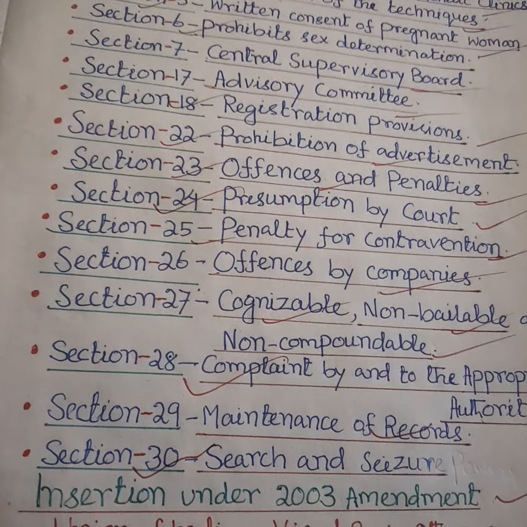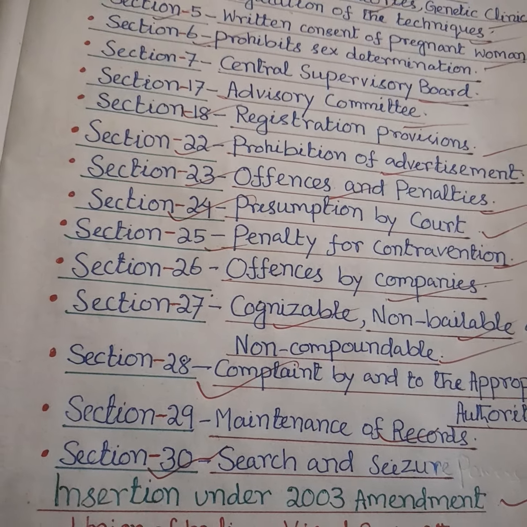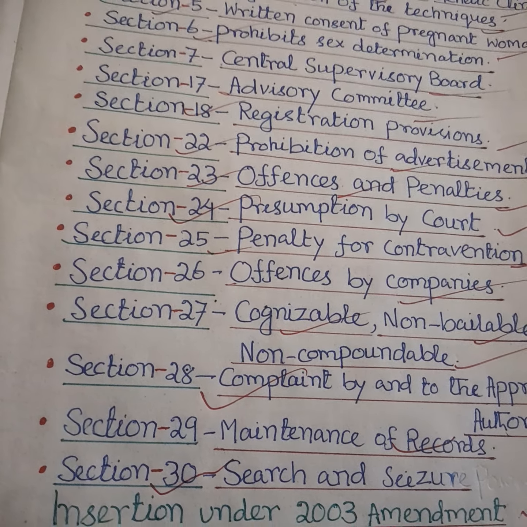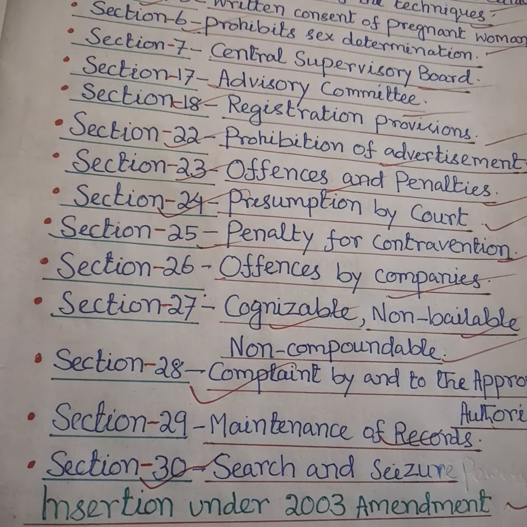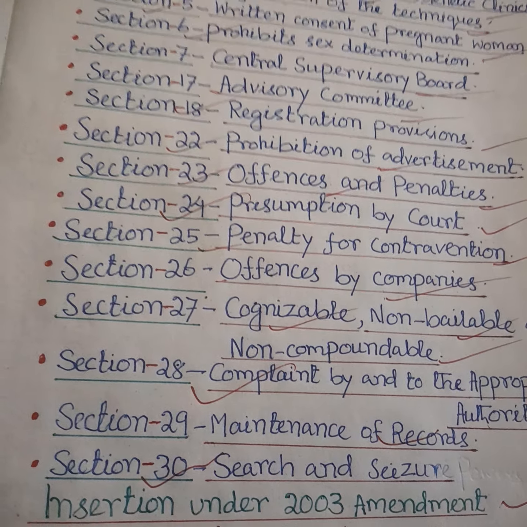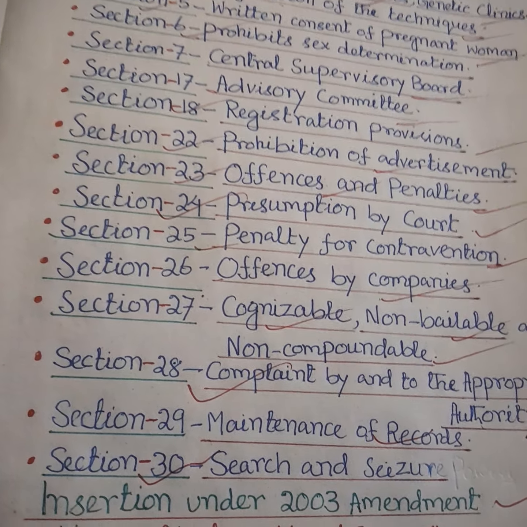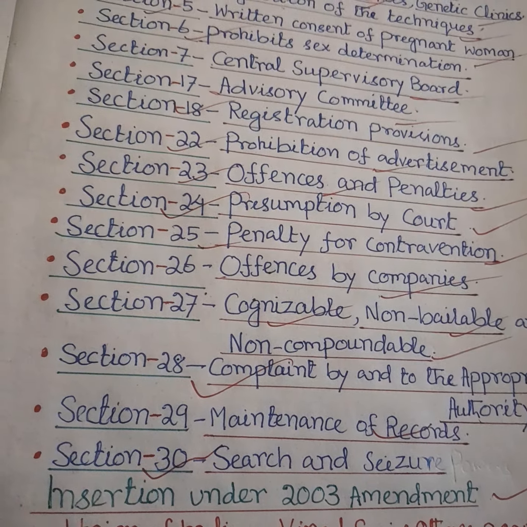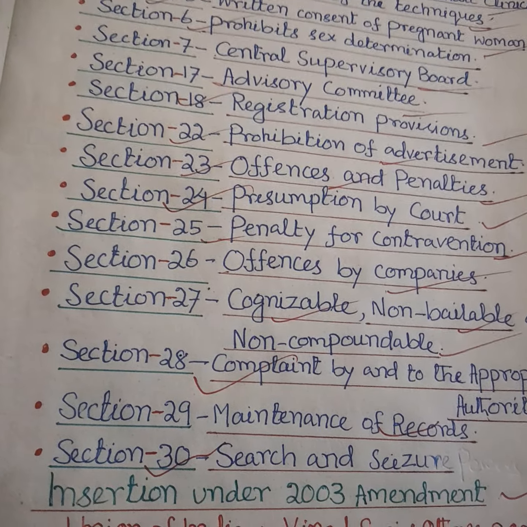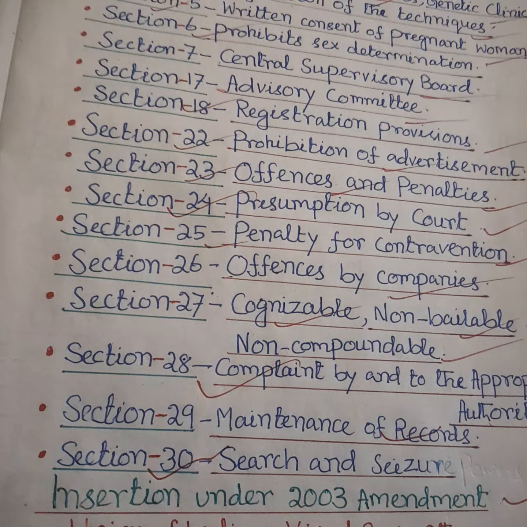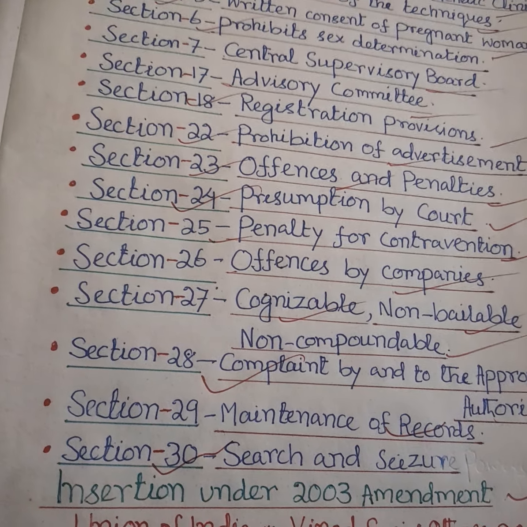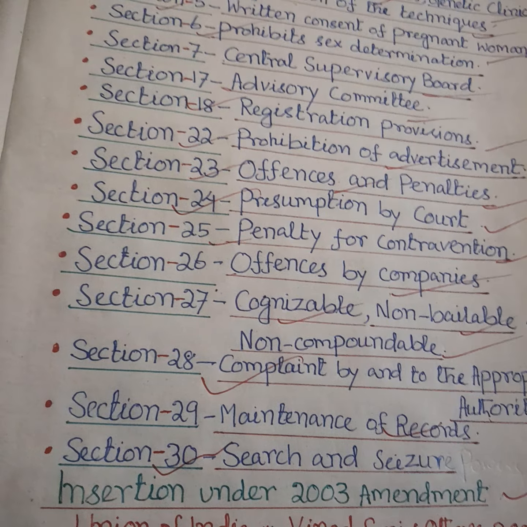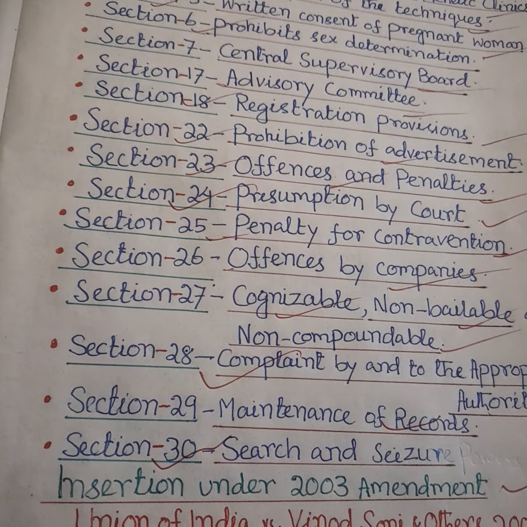Its effectiveness is clear. A good indicator of the Act is that the sex ratio has risen to 947 females for every 1000 males, and is increasing at an estimated annual rate of 0.19%.